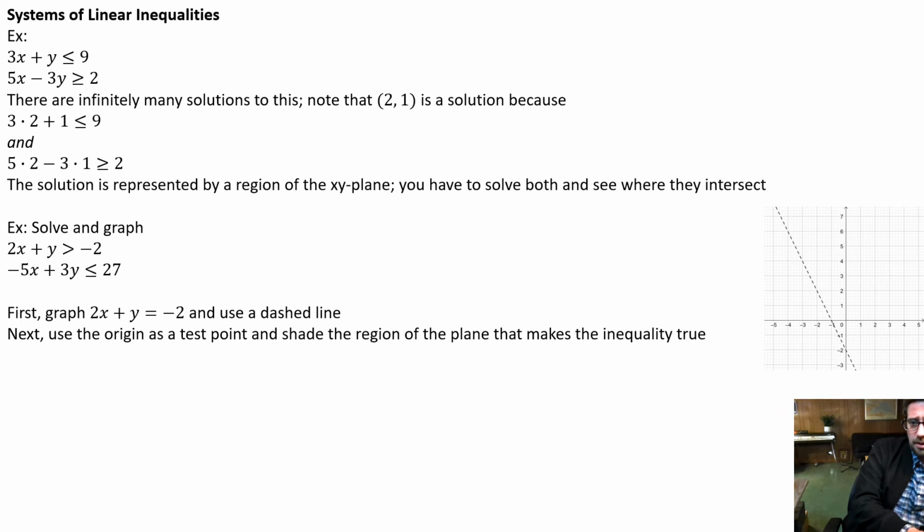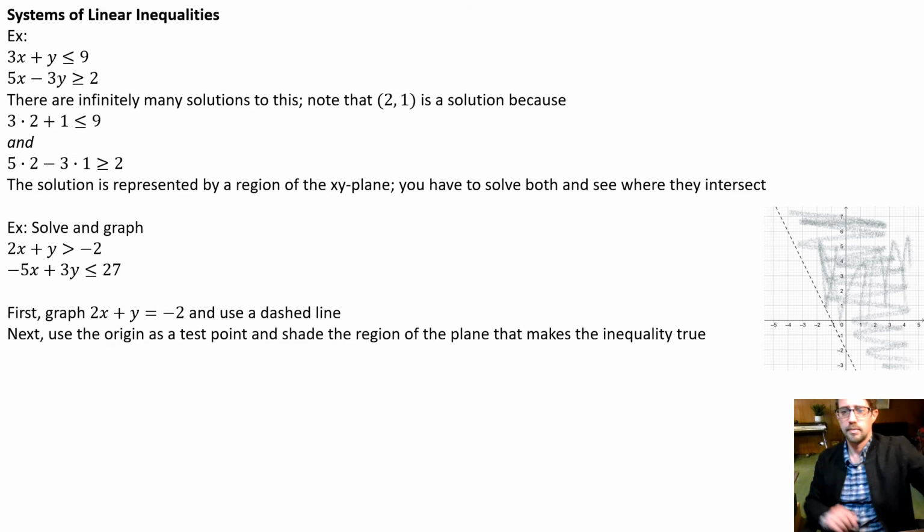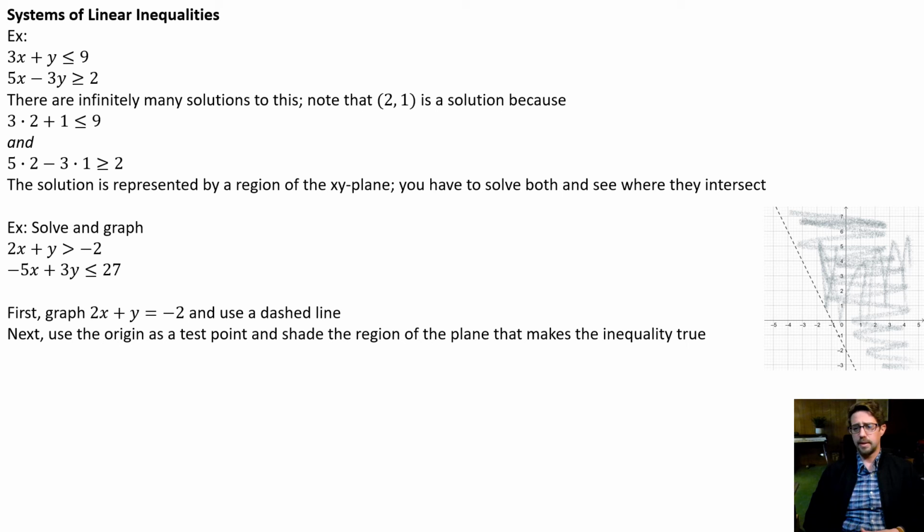Okay, so just shade that in, and you're going to need to shade some more later. So don't get too nuts with shading and don't use a pen. That part makes the inequality true, the part of the region of the plane that includes the origin.